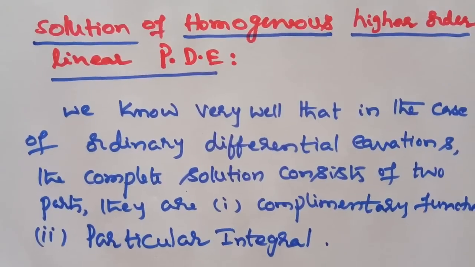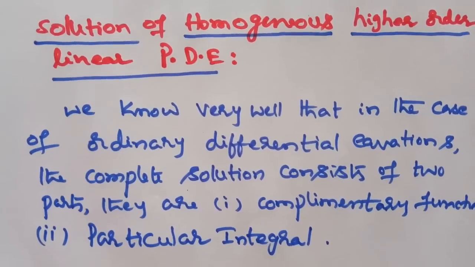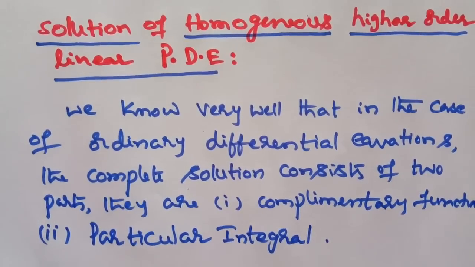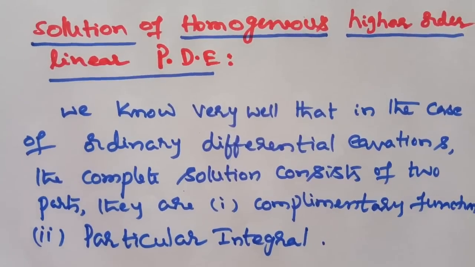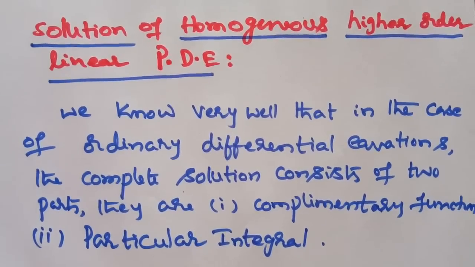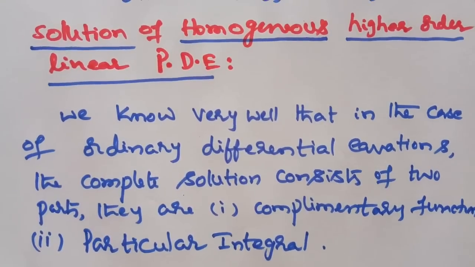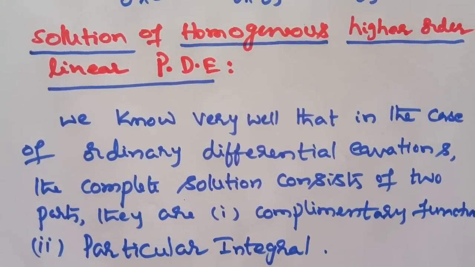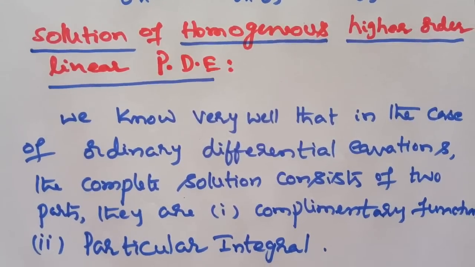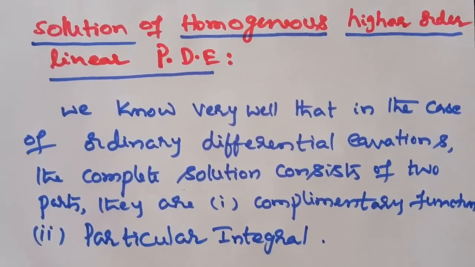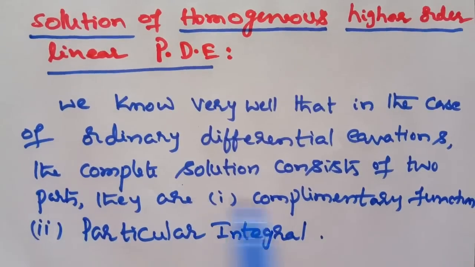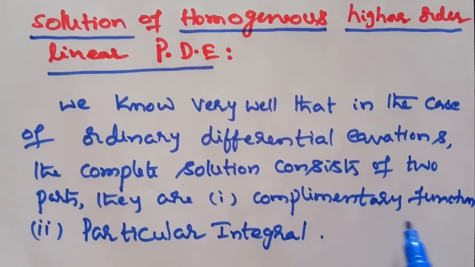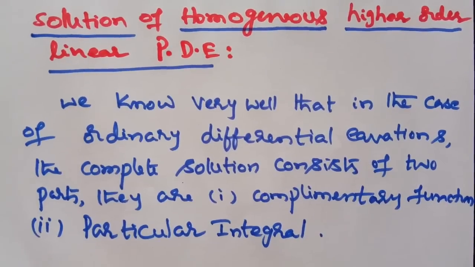We already solved many problems in unit 1 and unit 2 of second semester: ordinary differential equations with constant coefficients and also with variable coefficients. The Cauchy homogeneous linear equation and Legendre's homogeneous differential equations we already solved. There we have seen that the complete solution consists of two parts, complementary function and a particular integral.